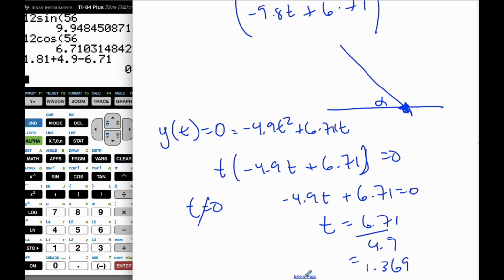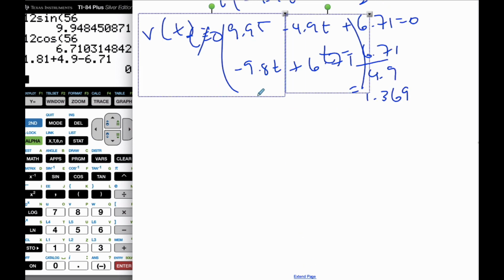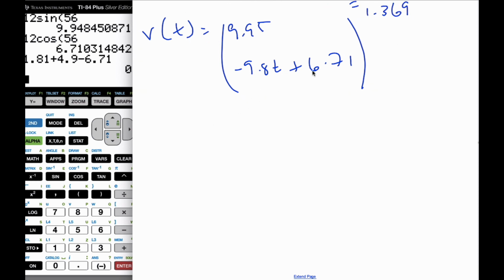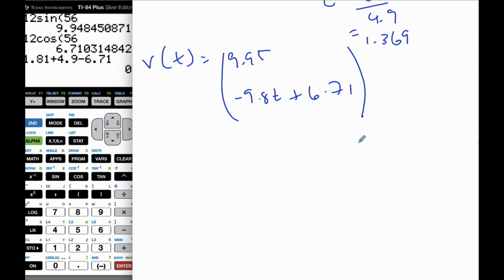Now I need to find my velocity at that point. To find out the impact, what's the vector going to be?